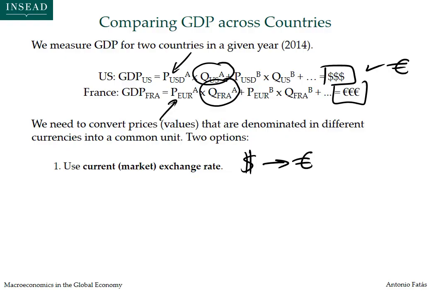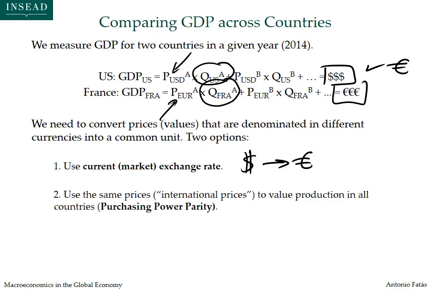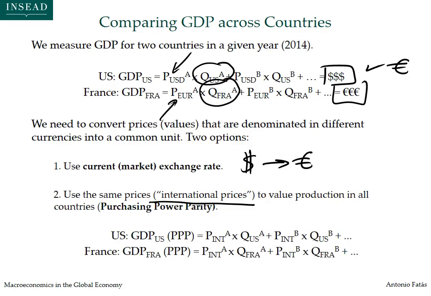Now, there's an alternative, which in some cases is going to produce a more meaningful number, which is to say, let's not use market exchange rates because they might give us possibly a distorted view of the world. Let's use what we're going to call international prices. Now, in practice, what this means is that when we value the quantities produced in the US or in France, we're going to use prices, which we call international prices, which are going to be identical in both countries.